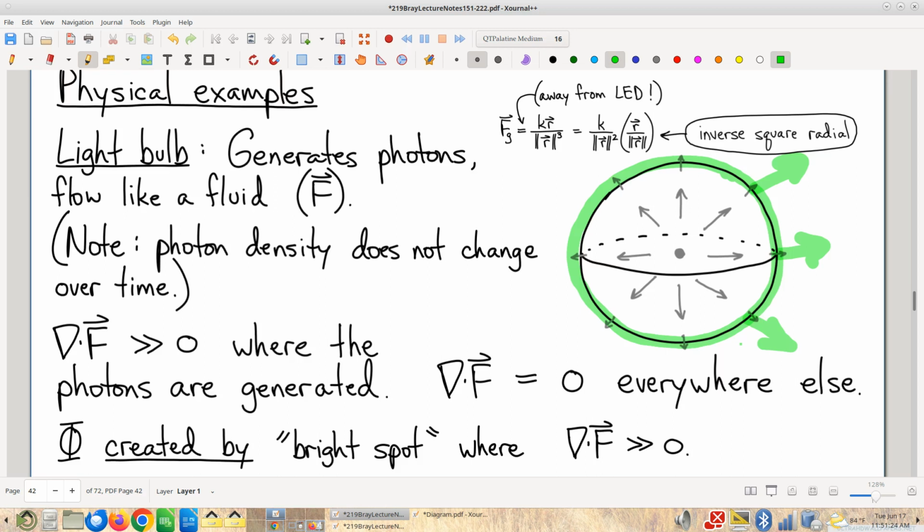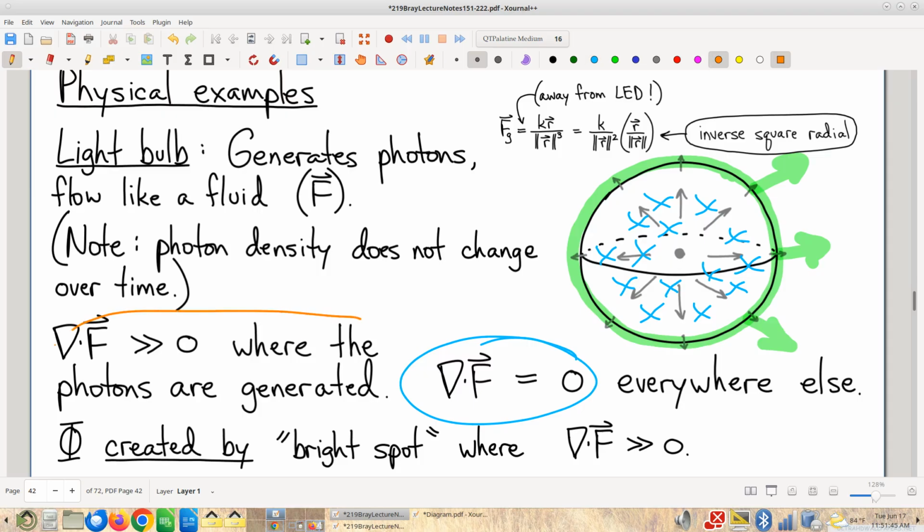Okay, where did that flux come from? Well, it didn't come from any of these points. Flux density, divergence, is telling us that there's zero flux density there, so that's not where the flux came from. This is where the divergence is pointing to where the flux comes from.